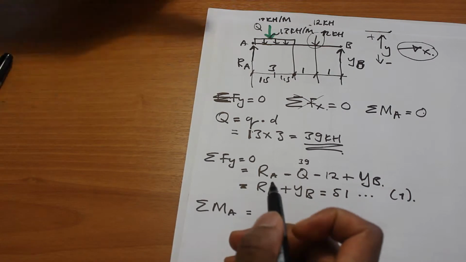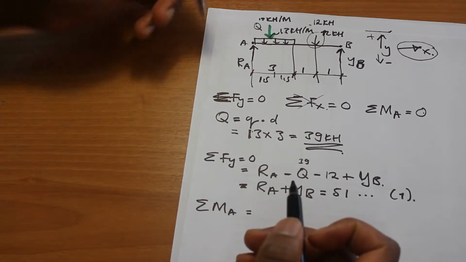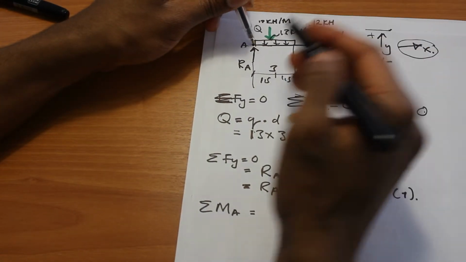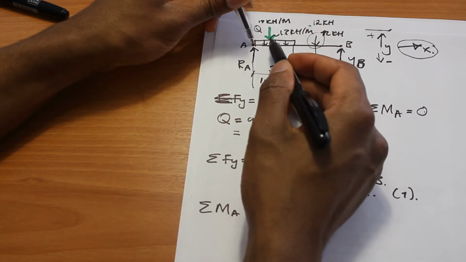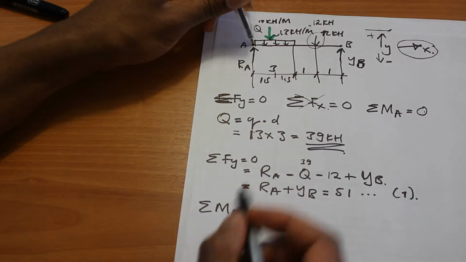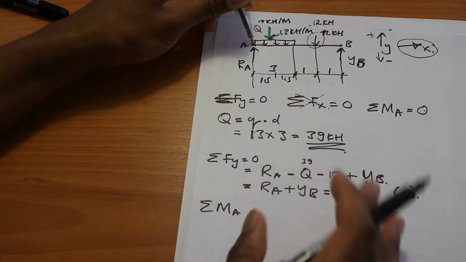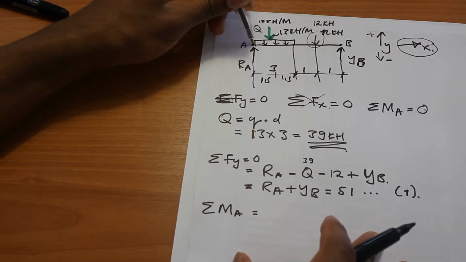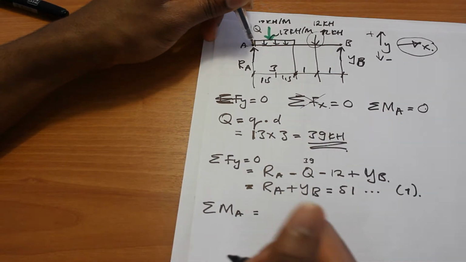So what this basically means is that if I stand at point A, this force that I have here will gain a certain distance. So that distance multiplied by the force will give me the moment. So in this case, the rules here are that for statics, if the force is moving in the clockwise direction, then it carries a negative sign.